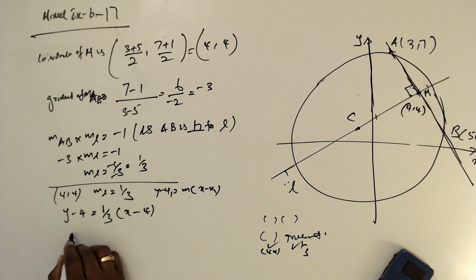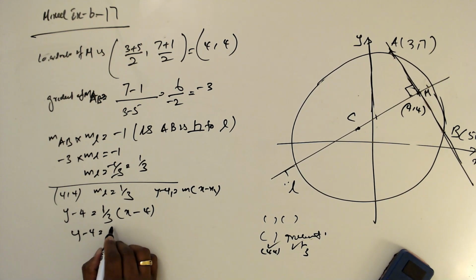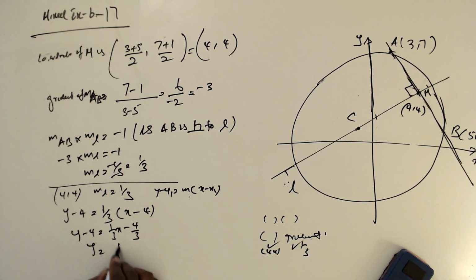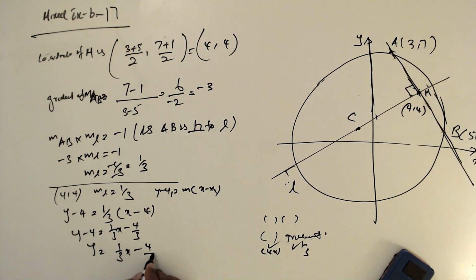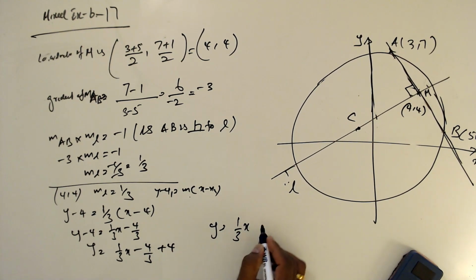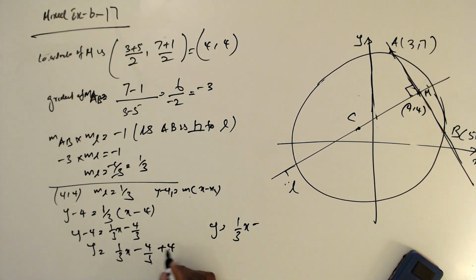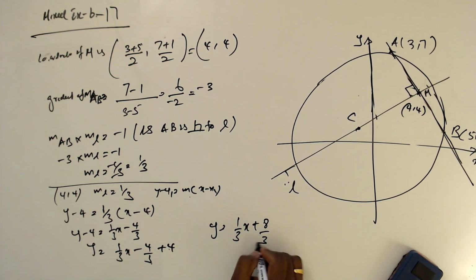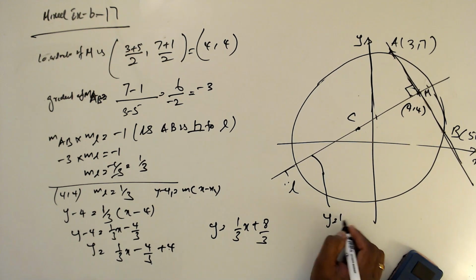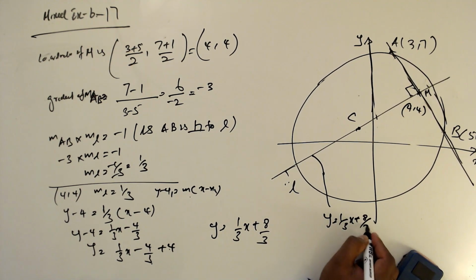So y minus 4 equal 1/3 x minus 4/3. So y equal 1/3 x minus 4/3 plus 4. So it is y equal 1/3 x plus 12 minus 4 over 3. So the equation of this line is y equal 1/3 x plus 8 over 3.